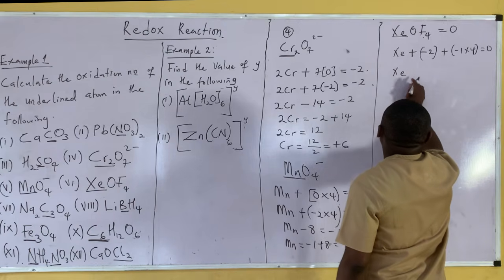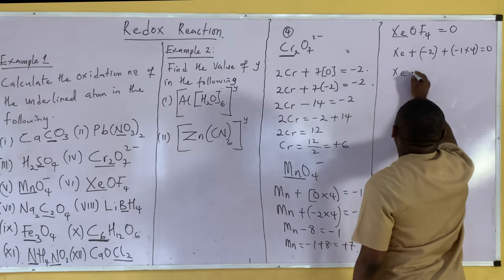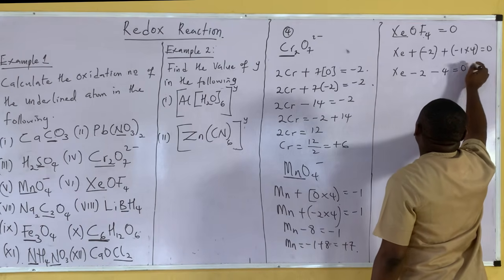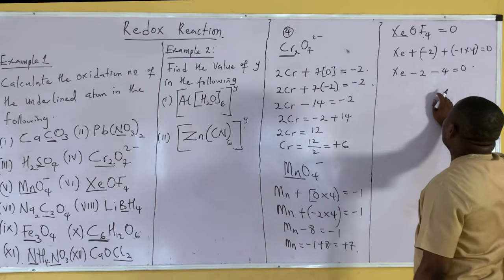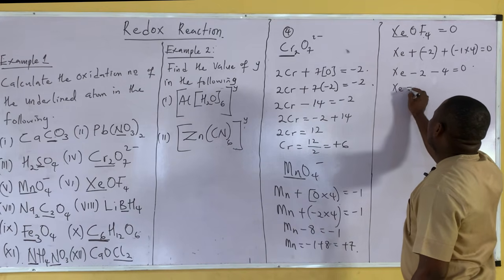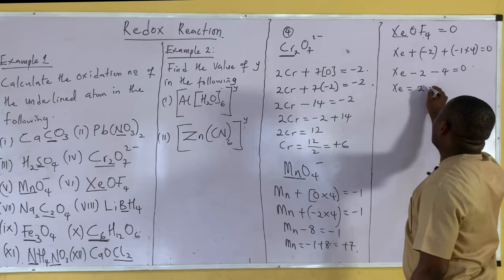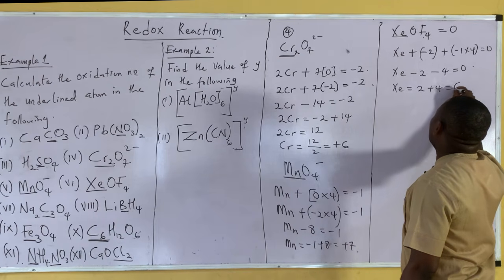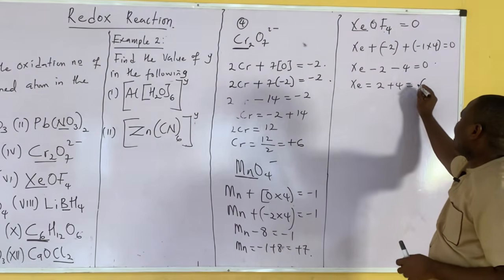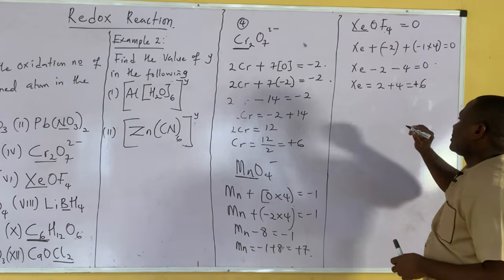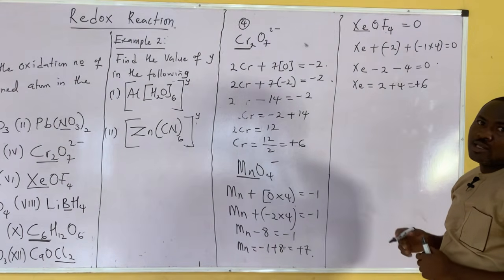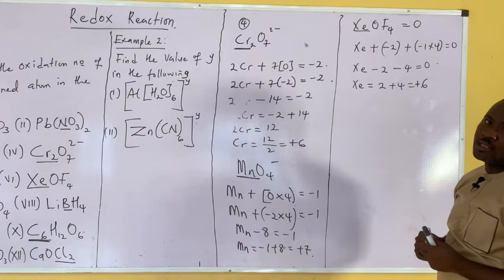So xenon will now become minus 2 minus 4 equals 0. So xenon is now equal to 2 plus 4, which equals 6. Now, not just 6, remember, it becomes plus 6. Always know that to oxidation number we add signs, but to valencies we do not add signs.